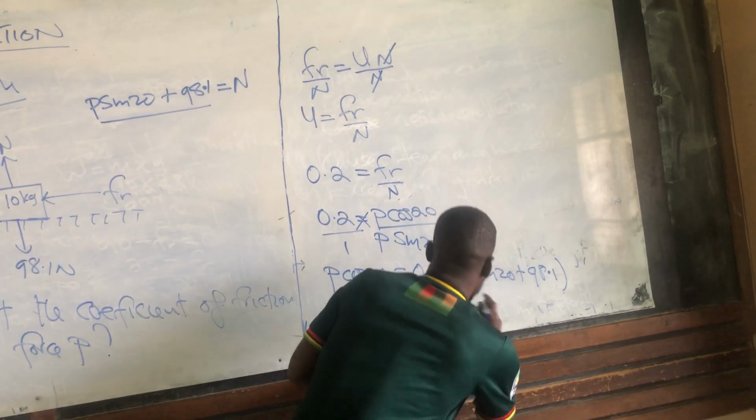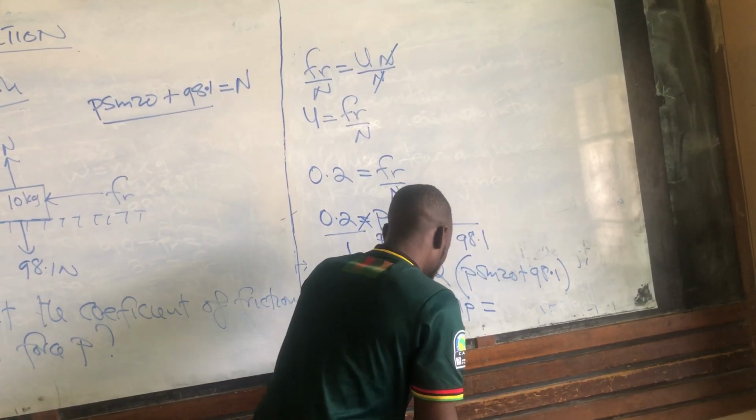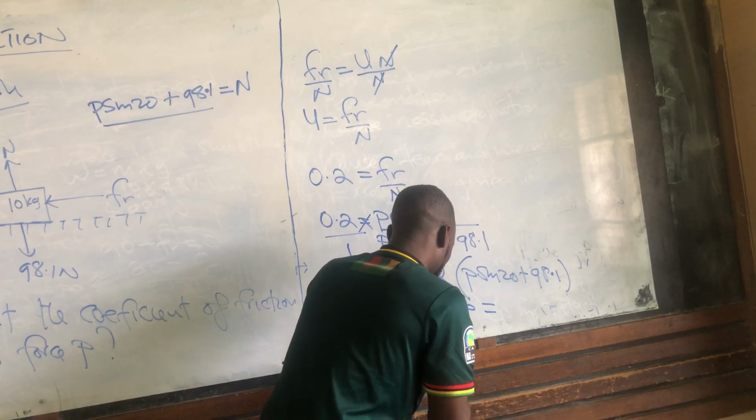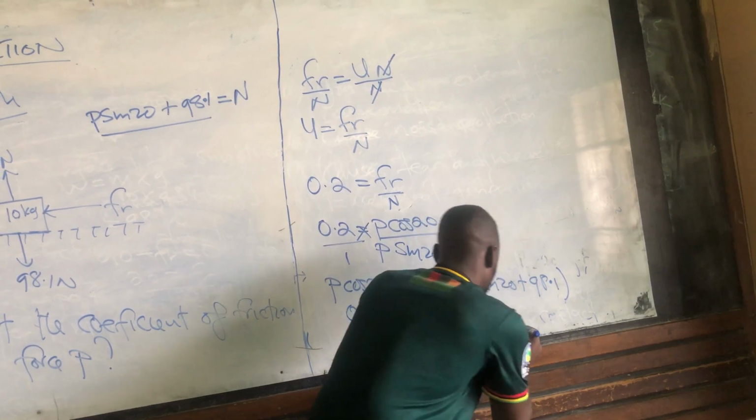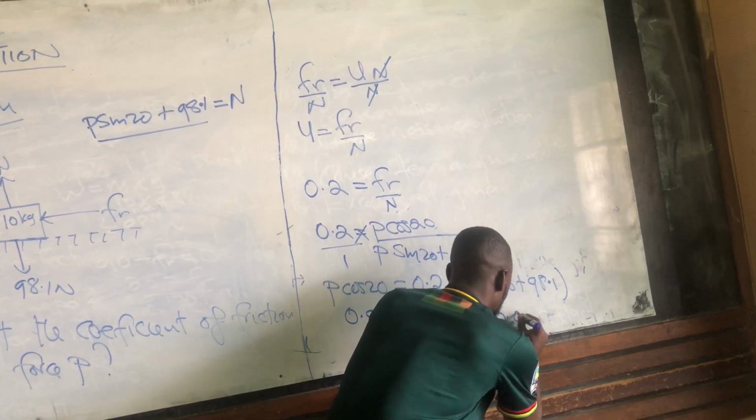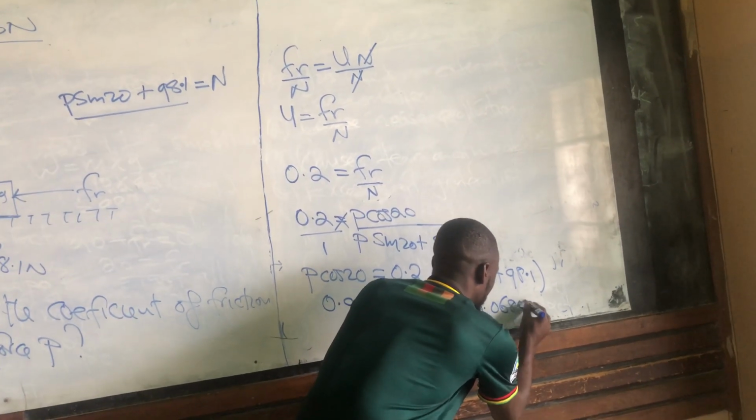Then it is equal to, what is 0.2 multiplied by sine 20? 0.2 multiplied by sine 20 is 0.0684, okay?